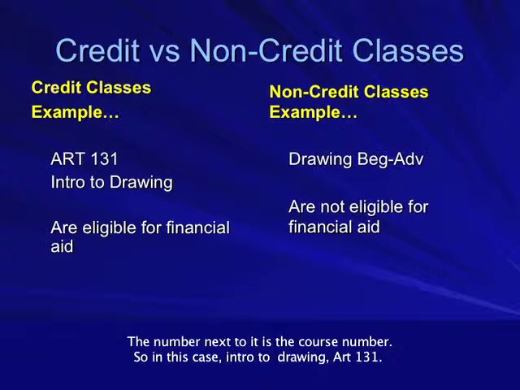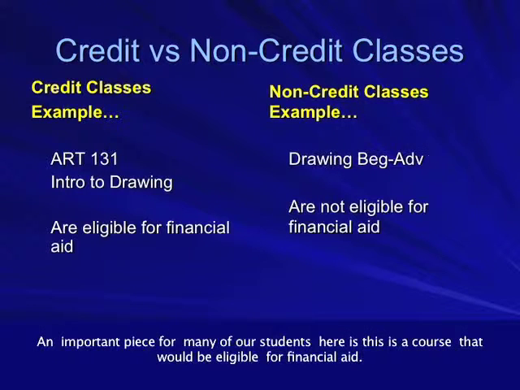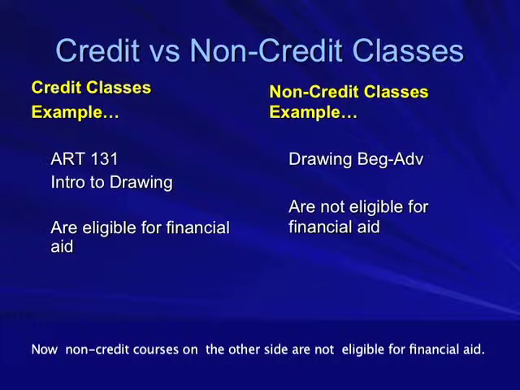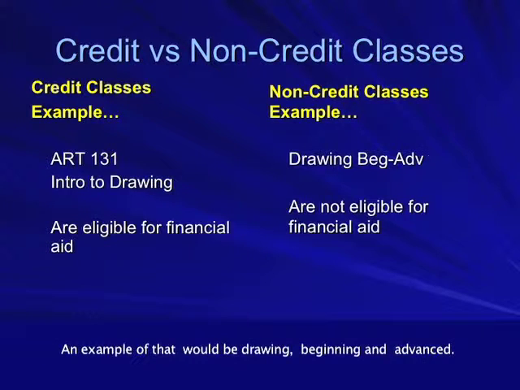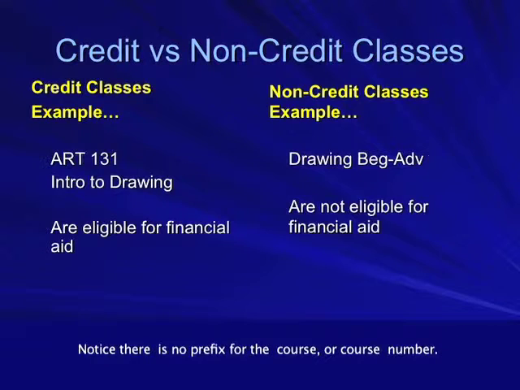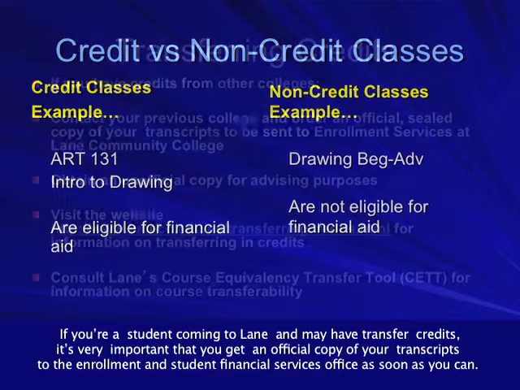So in this case, Intro to Drawing, Art 131. An important piece for many of our students here is that this is a course that would be eligible for financial aid. Now, non-credit courses on the other side are not eligible for financial aid. An example of that would be Drawing, Beginning and Advanced. Notice there's no prefix for the course or course number.